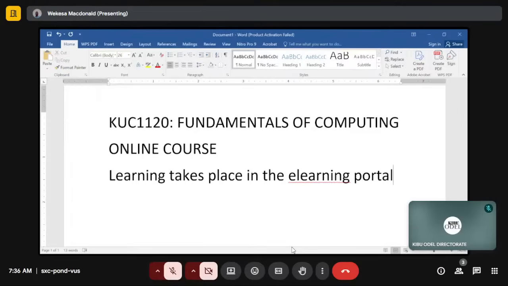Lesson one was all about computer generations. For those who joined late, in this lesson we discovered the milestones computers have evolved through.